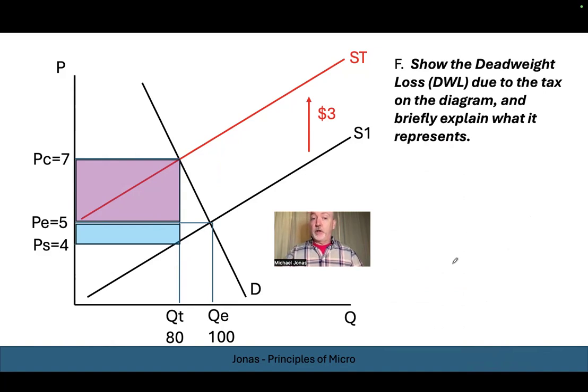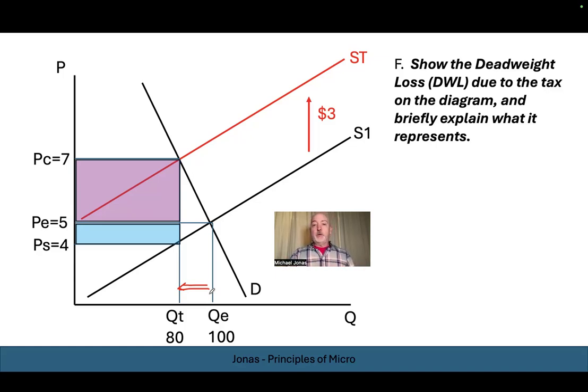Okay, one more issue here. Not only are consumers paying more and producers receiving less for the units that are still traded, but there's also a cost that comes along with the loss in the units traded. So as a result of the tax, we see that the quantity goes from 100 down to 80.